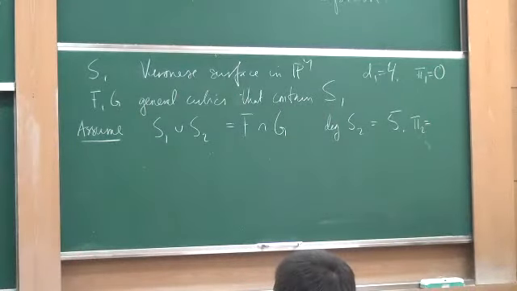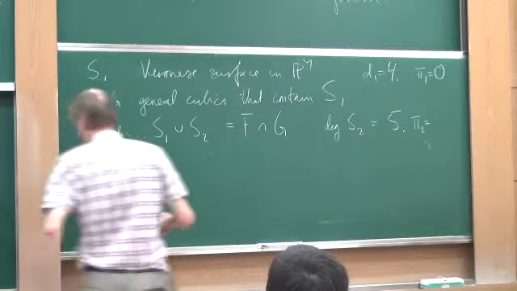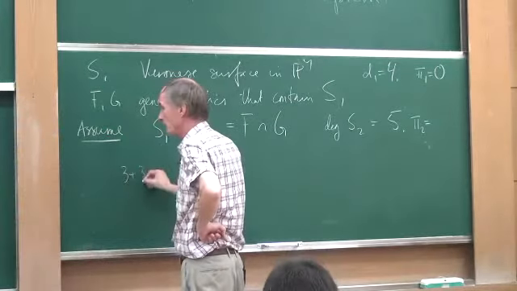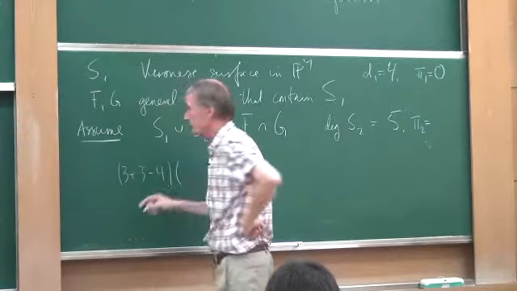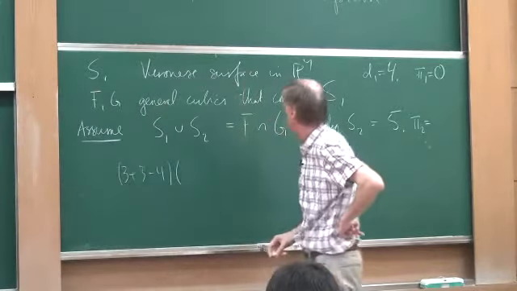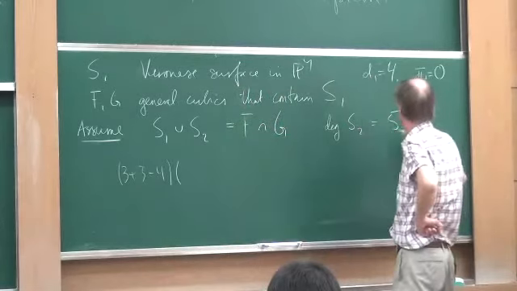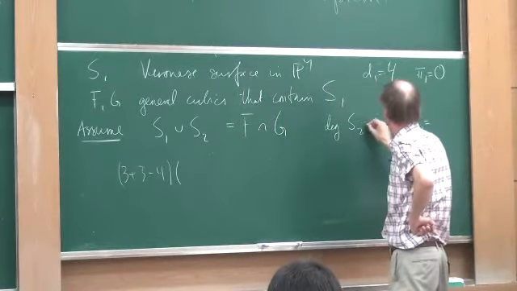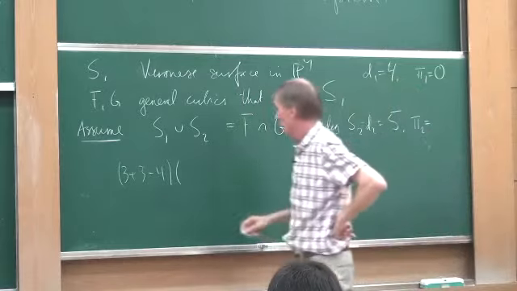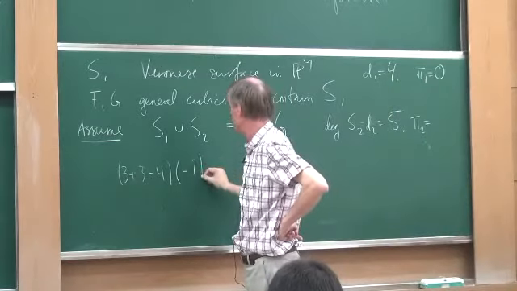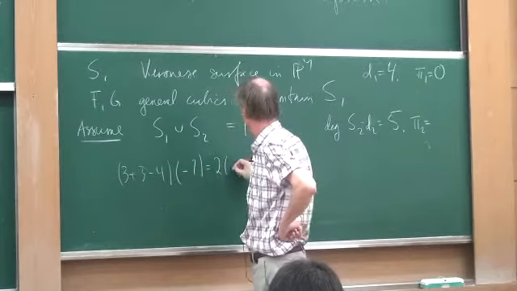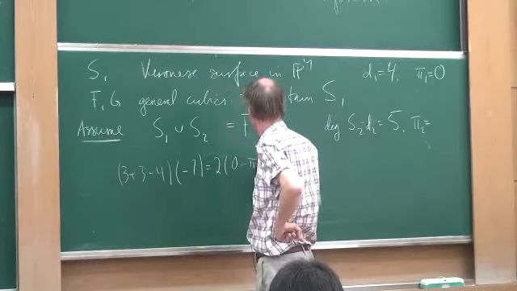So I could write this over here. Maybe some can see it at least. Well, yeah, so now maybe I do it over here just quickly. So 3 plus 3 minus 4 times the difference of the 2 degrees. So D1 was 4 and D2 was 5. So this is minus 1 is equal to 2 times 0 minus pi2.